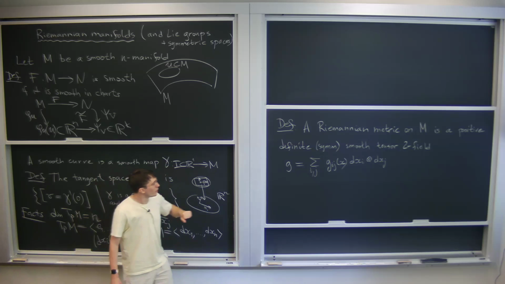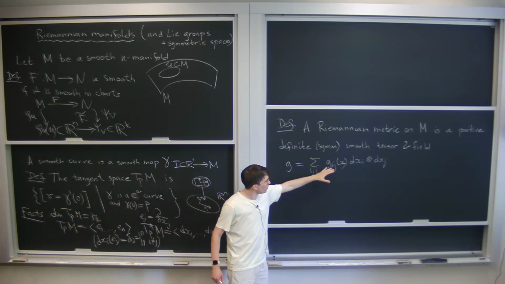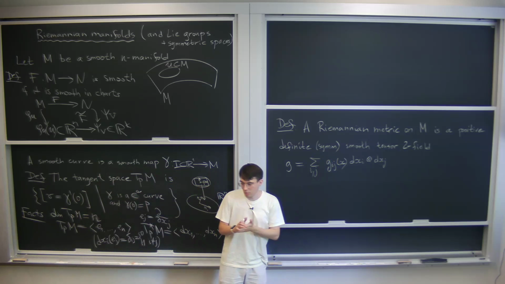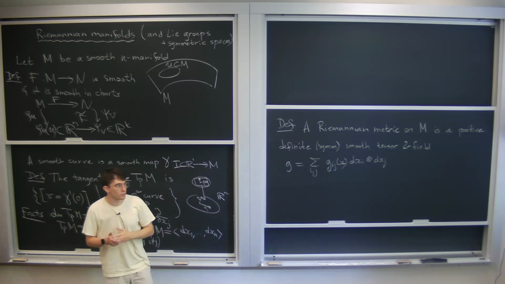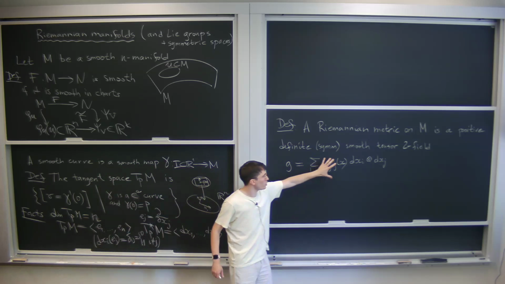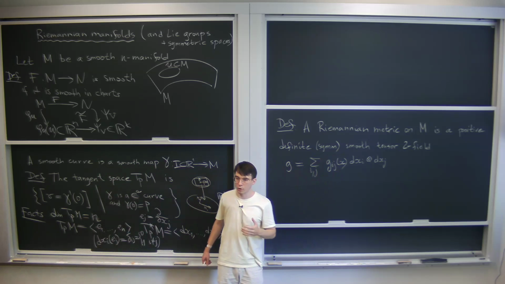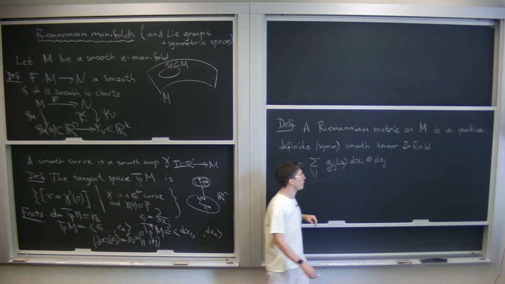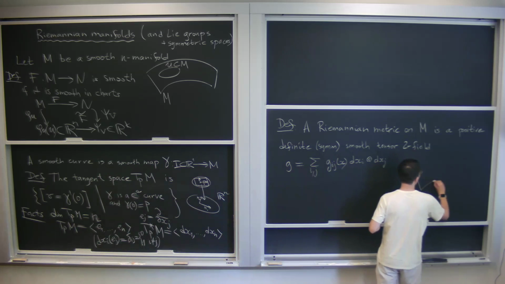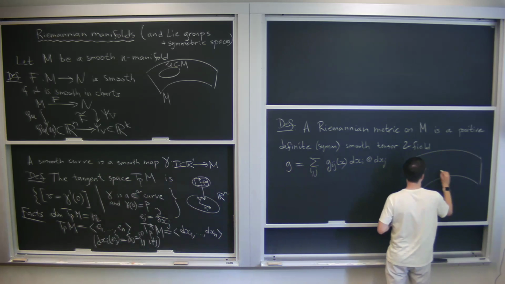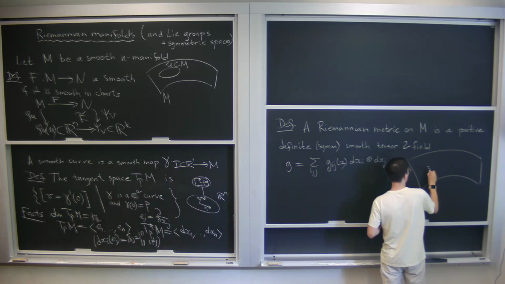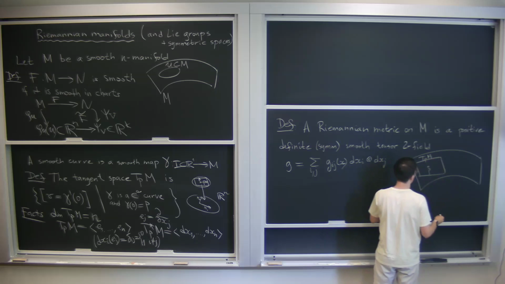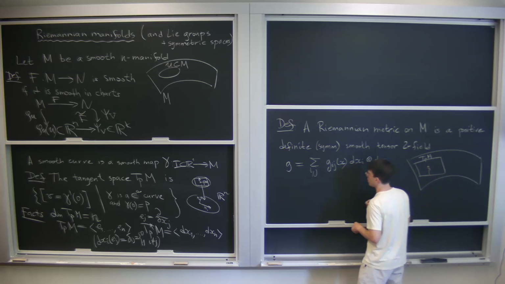For now, it's okay. So how can one think of this? It is kind of a symmetric bilinear form living in the tangent bundle. So we have our manifold, we have a point P. We think that there is a tangent space T_pM, and in each T_pM we have a positive definite symmetric matrix.